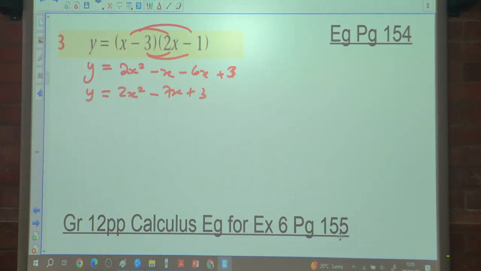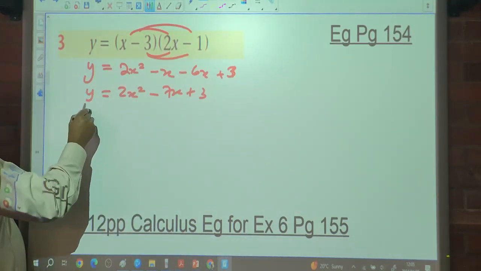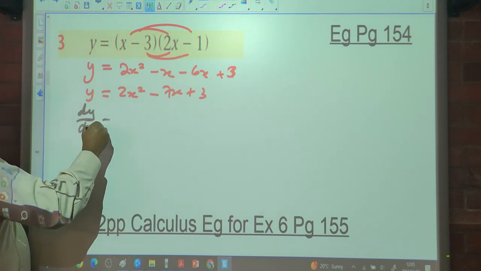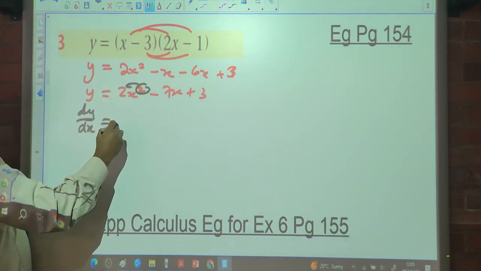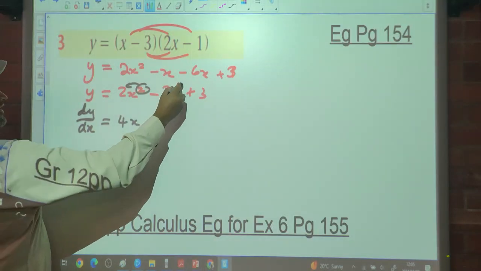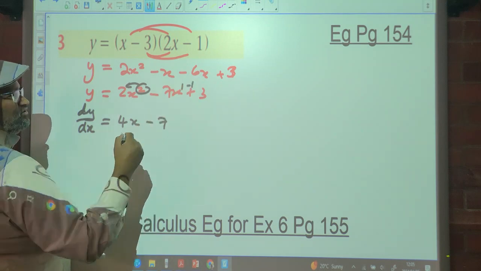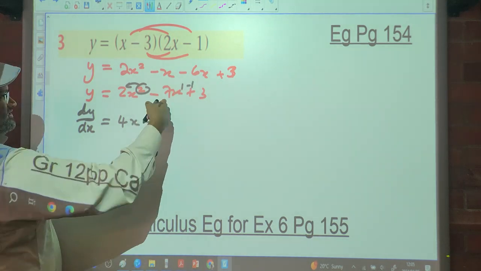People, is that in the form of ax to the exponent n? Yes. So I can apply, what do I write here once I apply the derivative? dy over dx equals 2 times 2 is 4x to the 1. There's a 1 here, not so. 1 times negative 7 is negative 7. Minus 1 is x to the 0, which is 1.